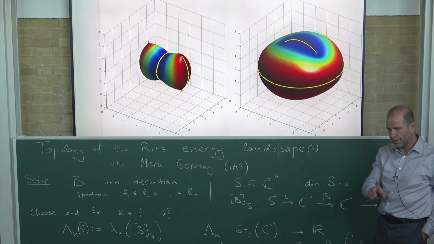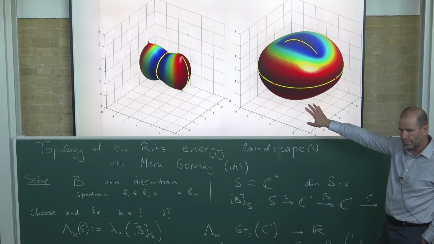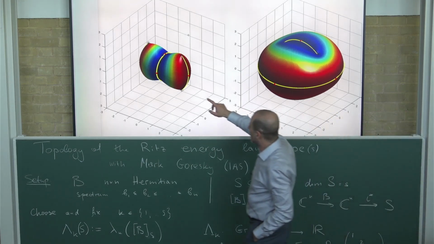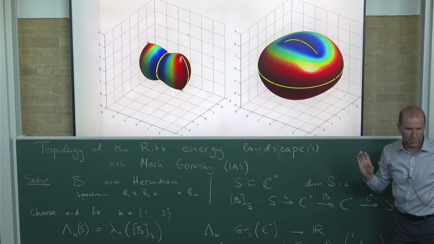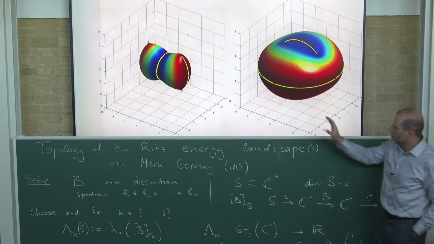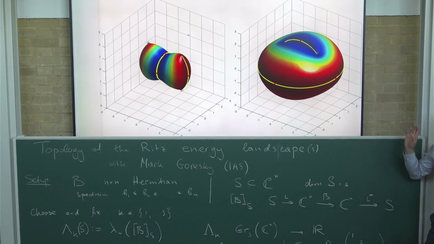It's an excellent question. Let me point out some more features that are shown on this graph that I didn't mention. There are these red points, and they will come up in the talk. The red points are special. We call them special points. They're the special S's that are composed of the eigenvectors.